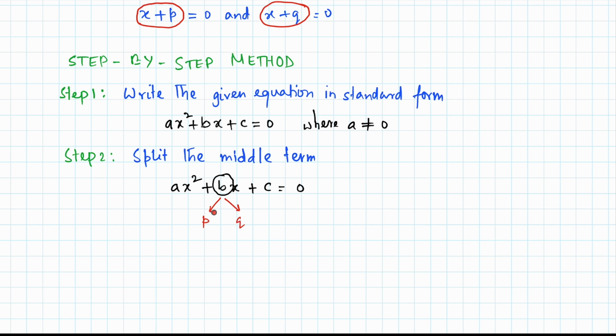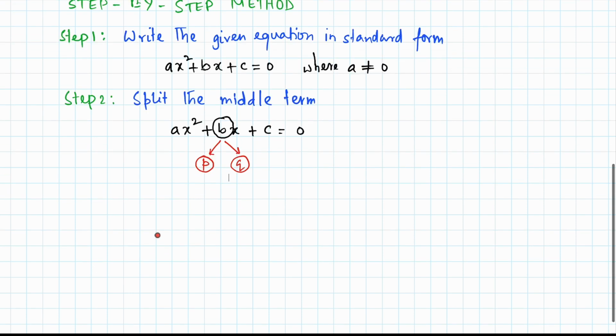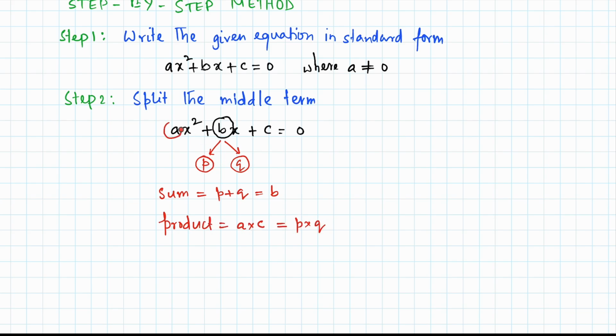We have to split it into two numbers such that the sum of these two numbers, say p plus q, should be equal to b, and the product of the extremes, that is the coefficient a and the constant c, should also equal the product of those two numbers p and q, in which we have split and got the sum b.